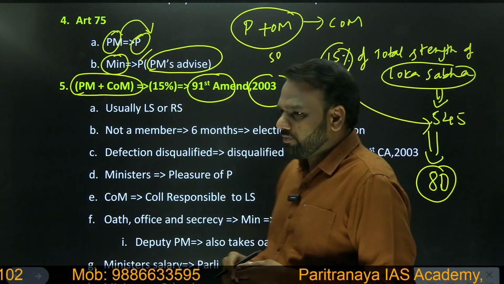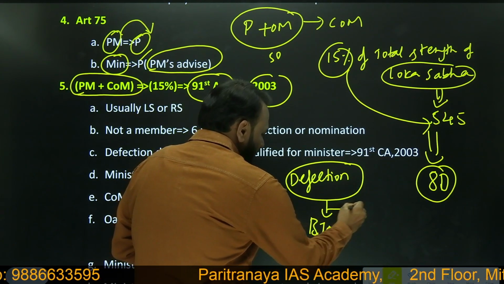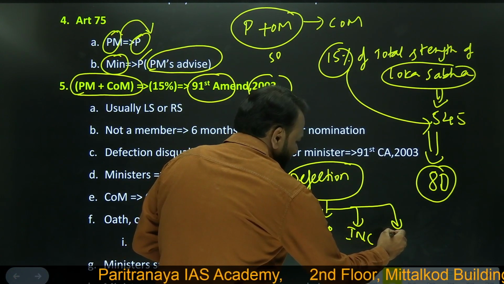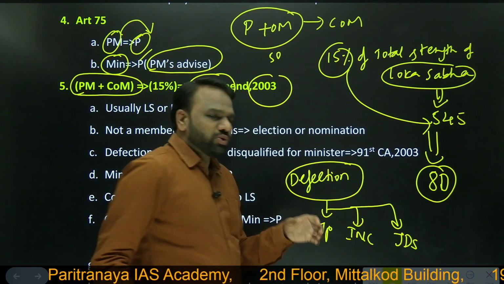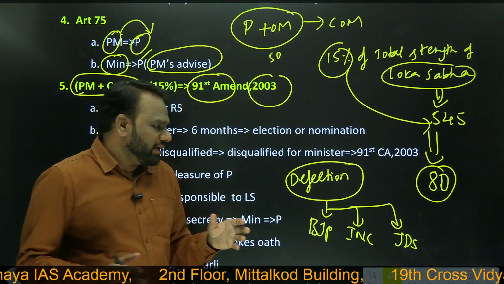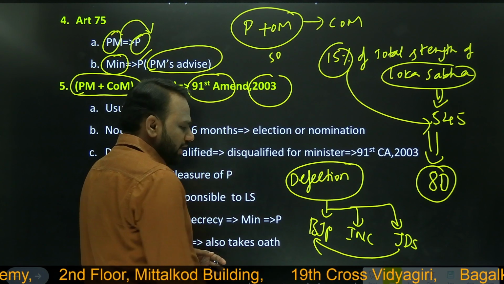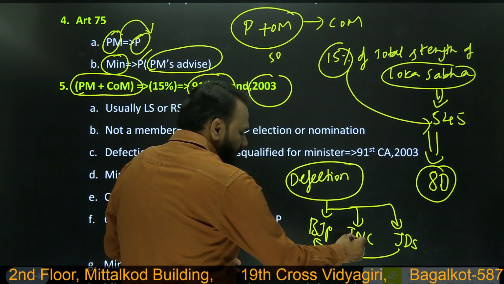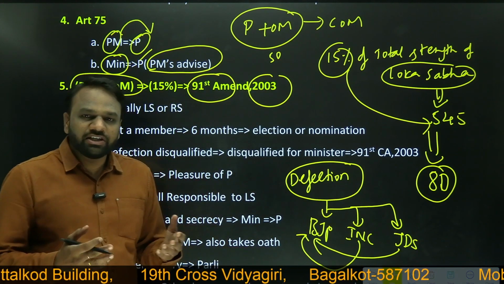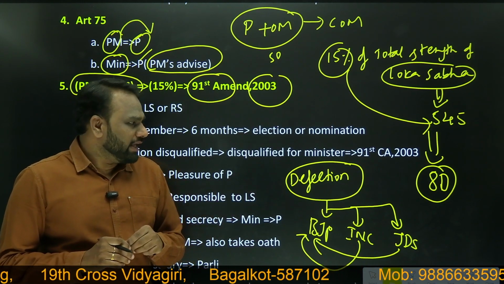So what is defection? Defection is when a person belonging to one party will move to another party. In detail, we will be discussing with examples in the future. But for the time being, we shall understand that if an MP of JDS or of the Indian National Congress comes to BJP with the intention of becoming a minister, then what happens?